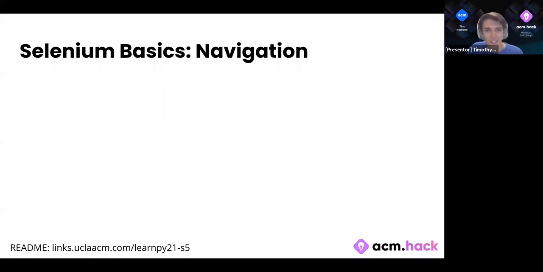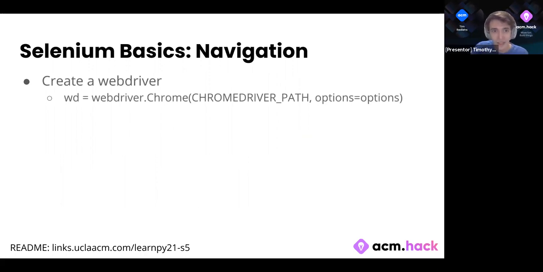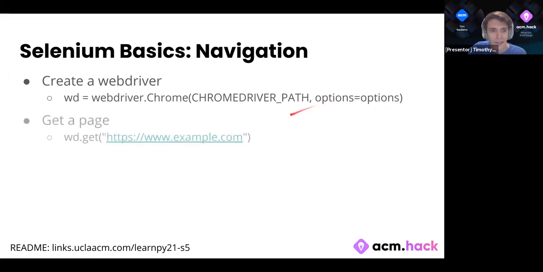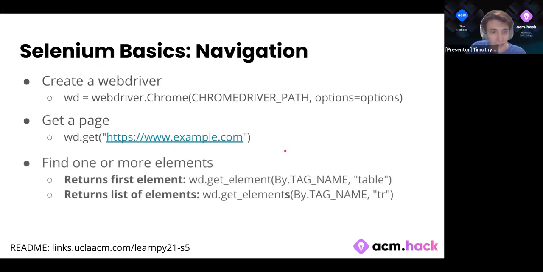Okay, so navigation. Once you load a page, the next thing to do is to search through it. So this is creating the WebDriver, and then getting a page here. That's just whatever your WebDriver is, .get, and then a URL. And then these two methods will find either the first element of a certain kind or a list of elements of that kind.